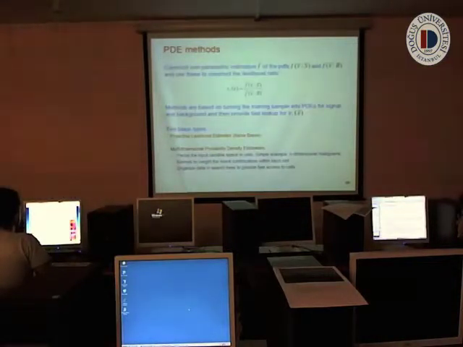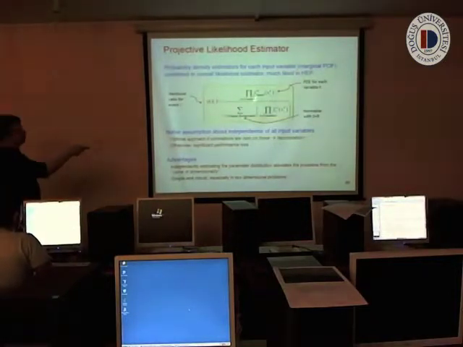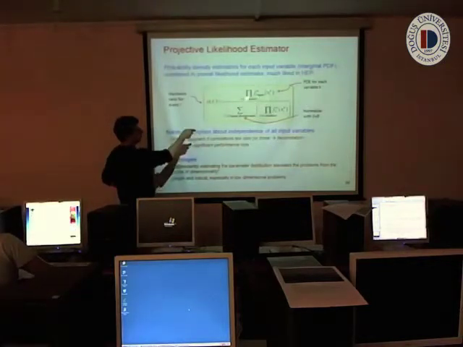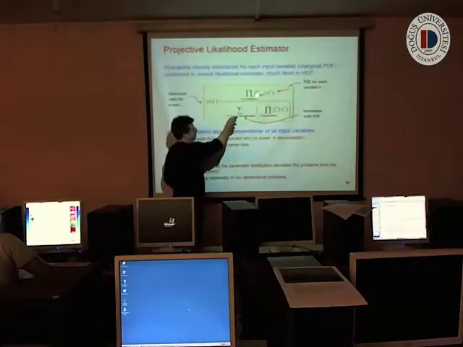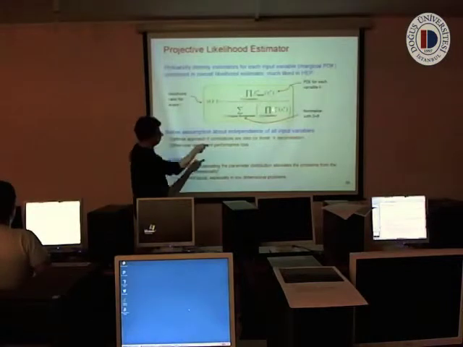Let me just skip. Projective likelihood estimation. This is the joint PDF. Again, in the bottom you have the sum of all PDFs. This is the joint PDF for the signal. This is the sum of the joint PDF for the signal and for the background, so this is basically normalization.